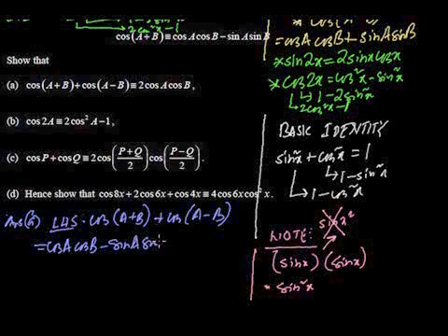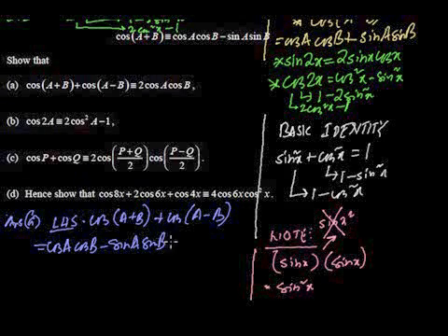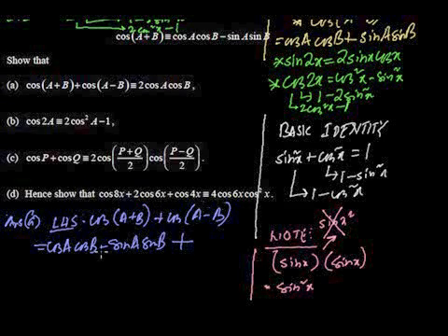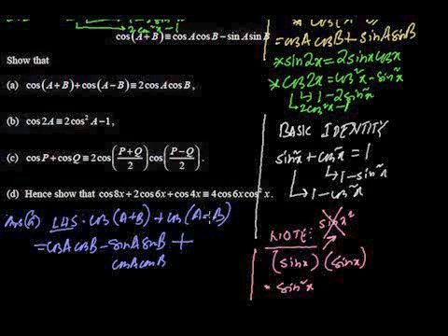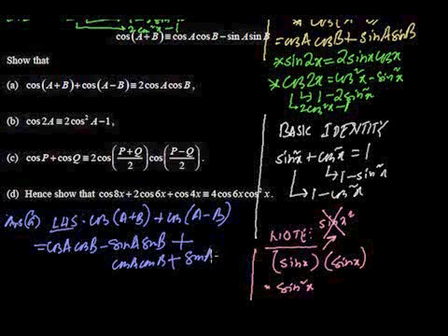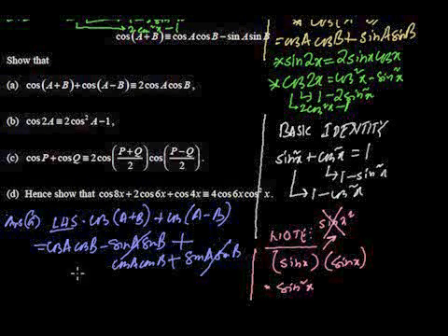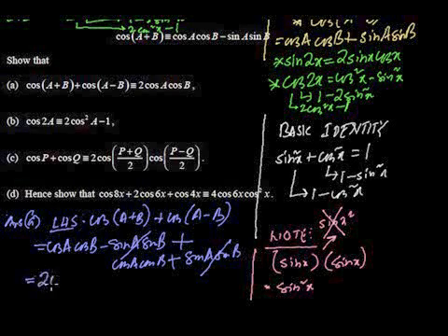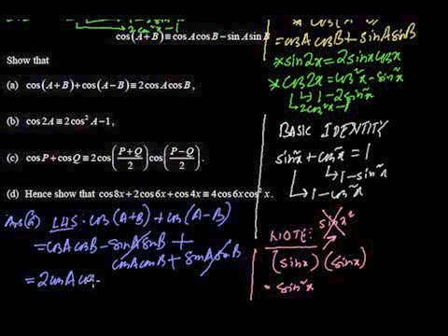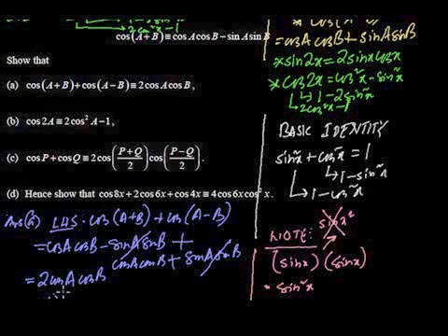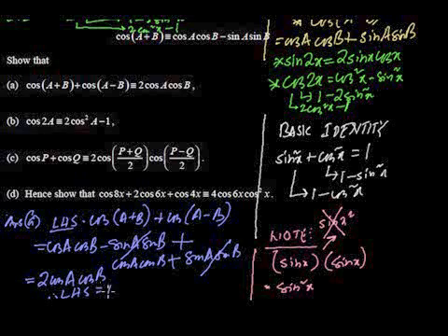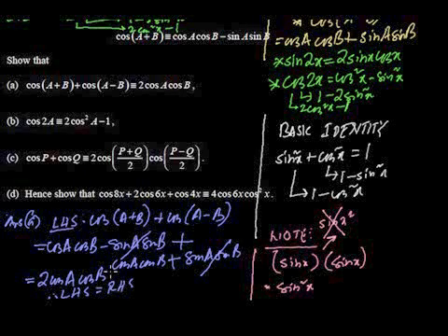Plus cos A minus B is going to be cos A cos B, and since there is a minus we have to give a plus, plus sine A sine B. So if we add it up, minus sine A sine B and plus sine A sine B cancels, and it is going to be 2 cos A cos B. So therefore the left hand side has been proved to be equal to the right hand side. So this has been done.